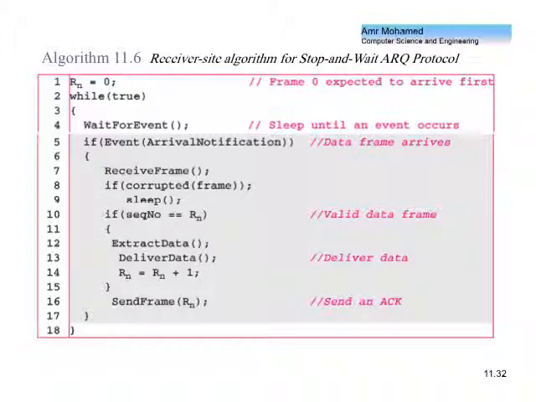If the receiver sends the acknowledgement and the acknowledgement is corrupted, for the receiver everything went fine. So I have to advance the pointer. But for the sender, the frame was never sent to the receiver.